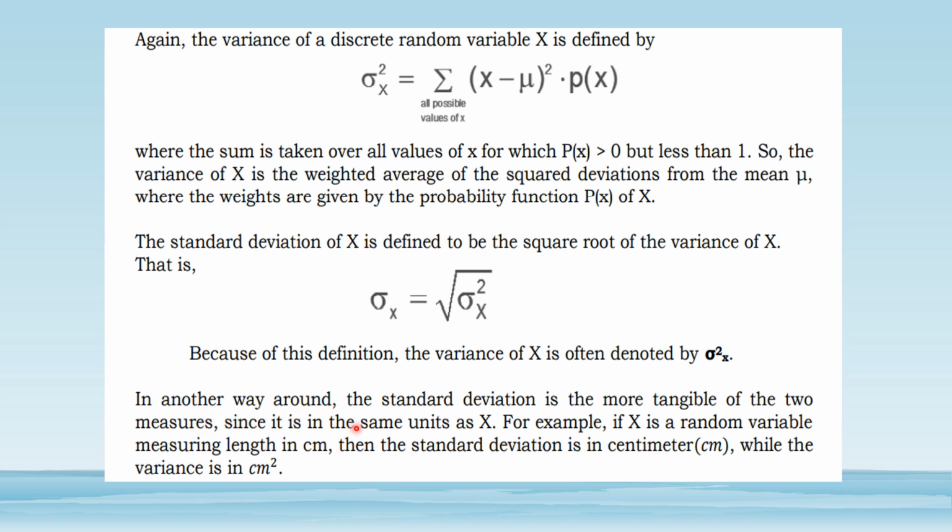The standard deviation is the more tangible of the two measures, since it is in the same unit as x. For example, if x is a random variable measuring length in centimeters, then the standard deviation is in centimeters, while the variance is in centimeters squared.